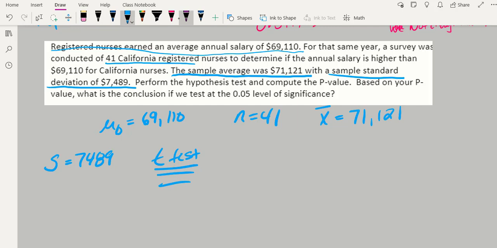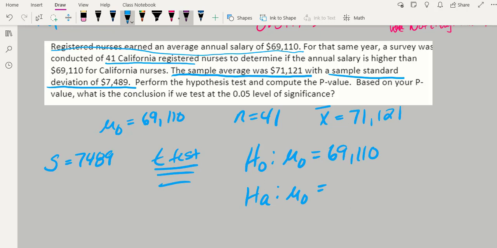Well, before we get to doing that, we may want to know what our null and alternative hypotheses are. So if we look at this, we know that our population mean is 69,110. But let's go back and read through so we can figure out what our alternative hypothesis is going to be.